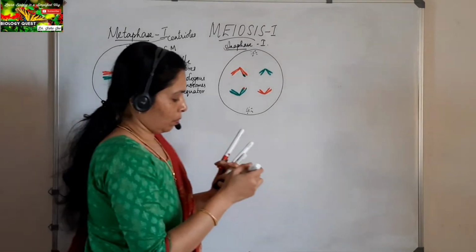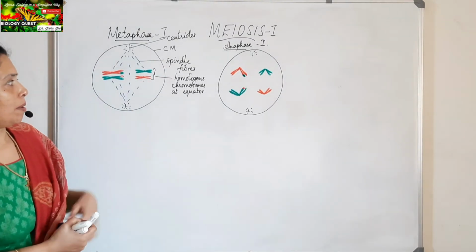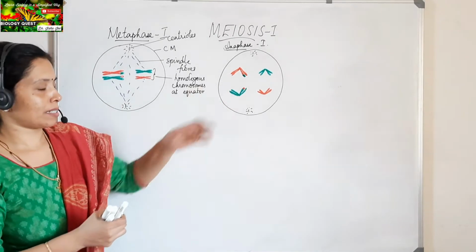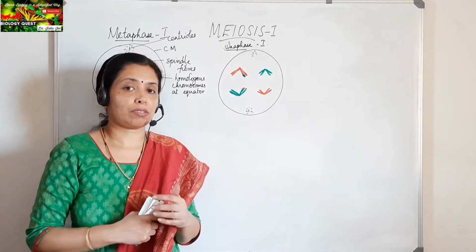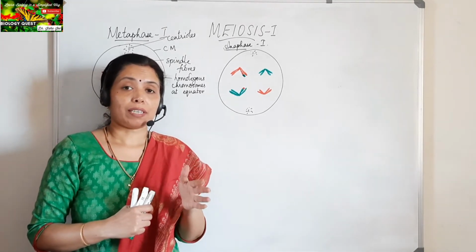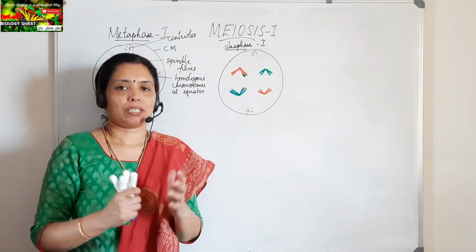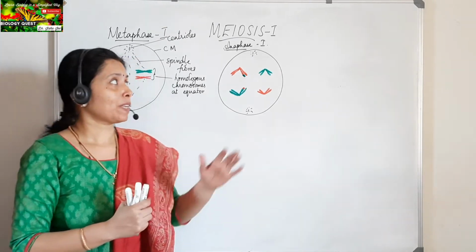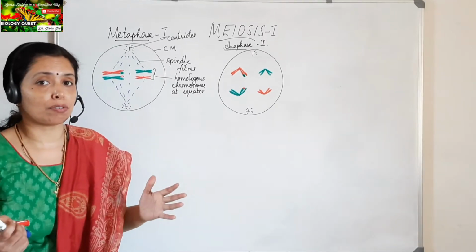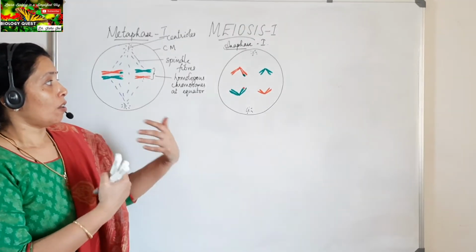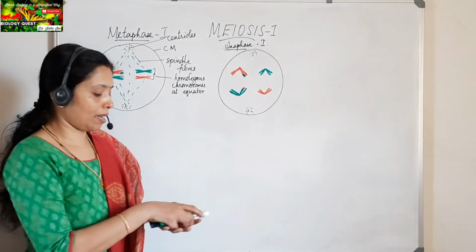So here in anaphase-I, you can see the members of the homologous pair get separated. In mitosis, what happened during anaphase, do you remember? During anaphase, the centromere splits and the sister chromatids are separated to the two opposite poles of the cell. Here in anaphase-I of meiosis-I, you cannot see any splitting of the centromere. You just observe that the chromosomes of the homologous pair get separated.